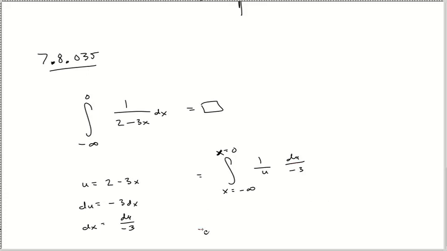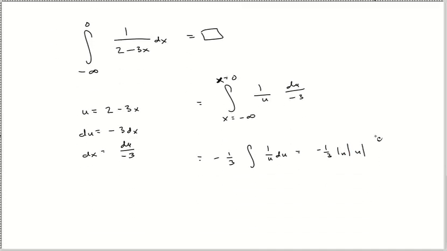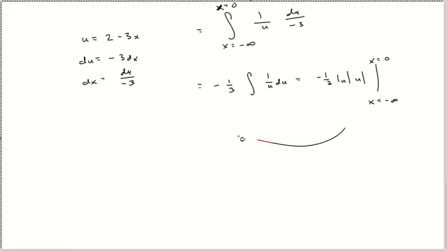The negative 3 can come out to the front, actually negative 1/3. And then I got my 1 over u du, which, like I said earlier, turns into an ln. And then we have to actually find the answer. Let's convert back into x's. And so then that was a 2 minus 3x. Again, from negative infinity to 0.